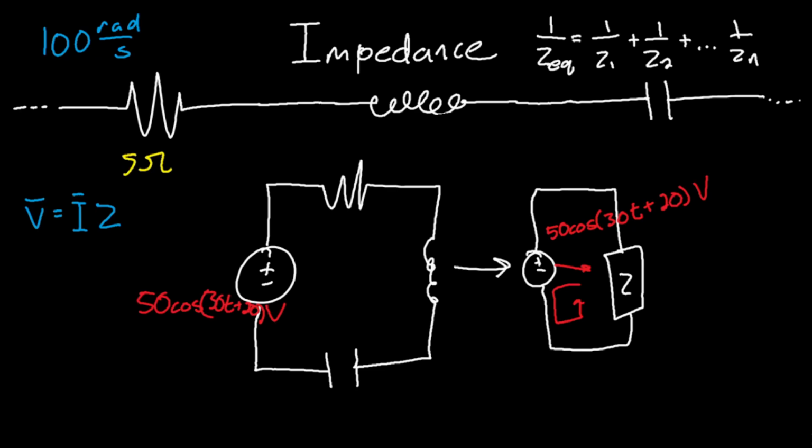And since you have the voltage, you can simply use Ohm's law. You divide your voltage in the complex form by your impedance to get your current. Now keep in mind these need to be AC circuits for this to work.